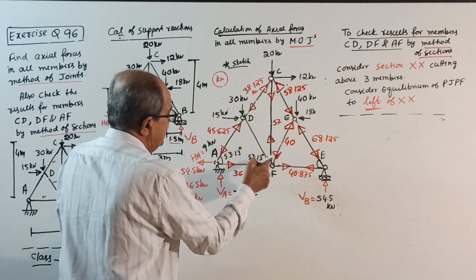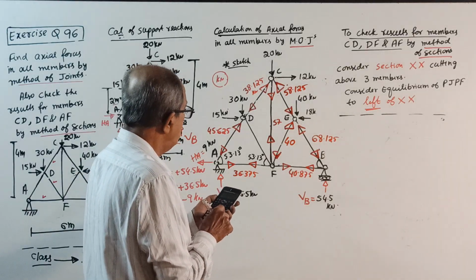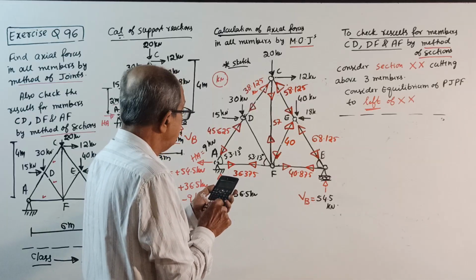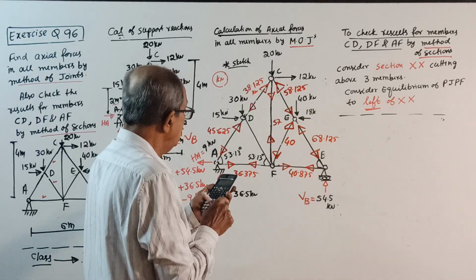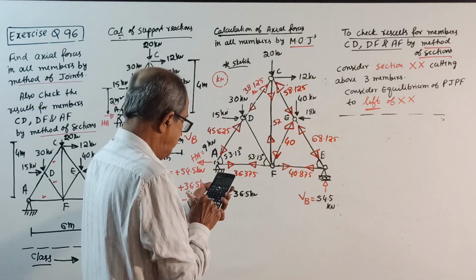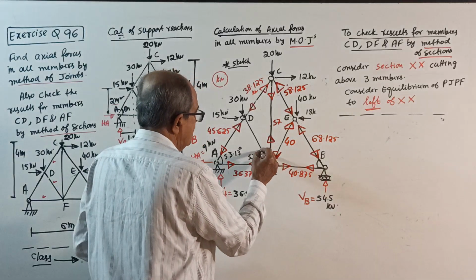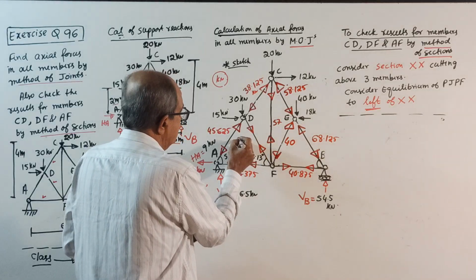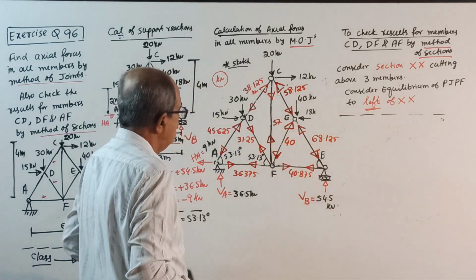Now I will come to joint F. Vertical equilibrium. 57 up minus 57 up minus 40 into 0.8 down divided by 0.8. 31.25 up, down. 31.25 over.